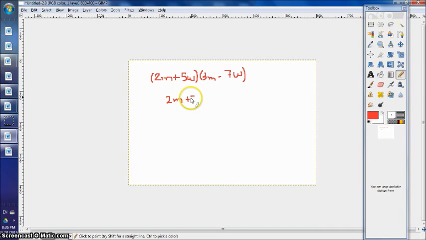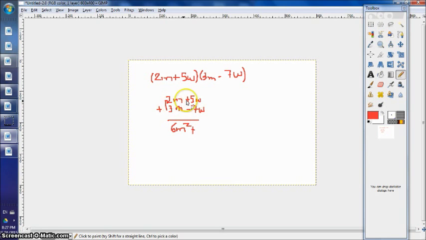So this is 2 into 3, which is 6. So I'm going to write it down, 2m plus 5w, plus 3m minus 7. So this is 3 times 2, 6.